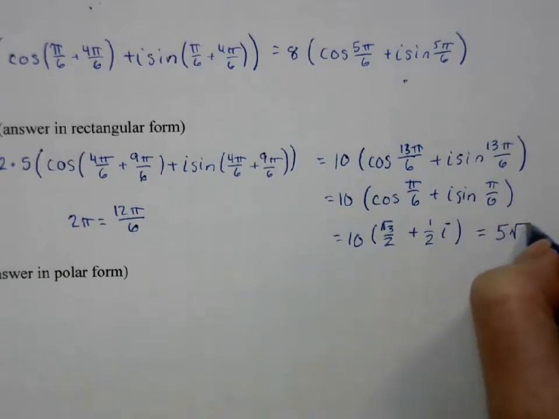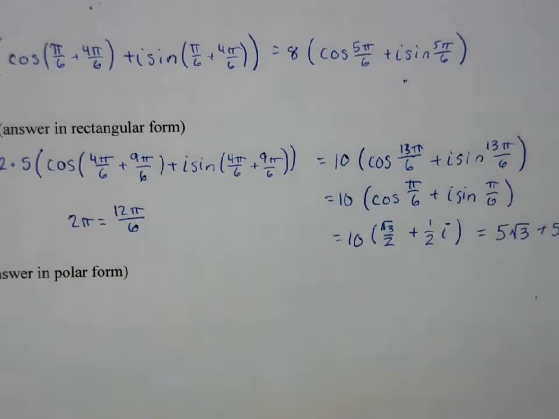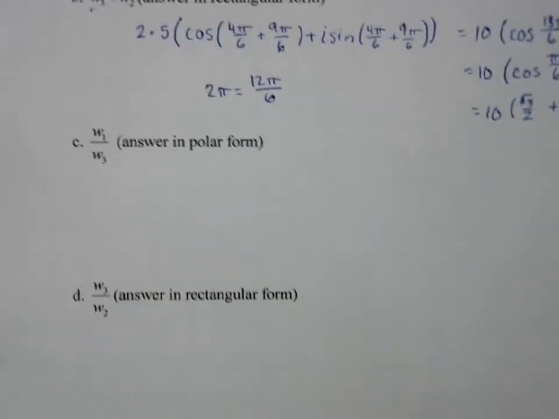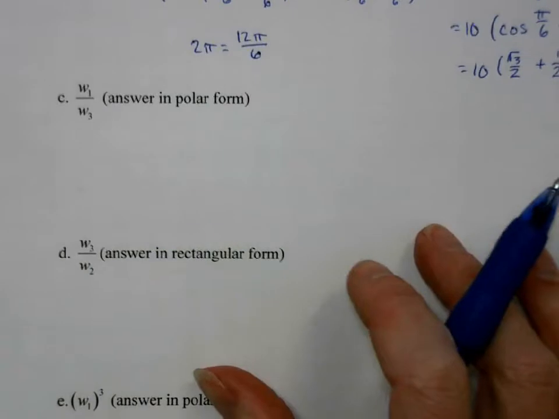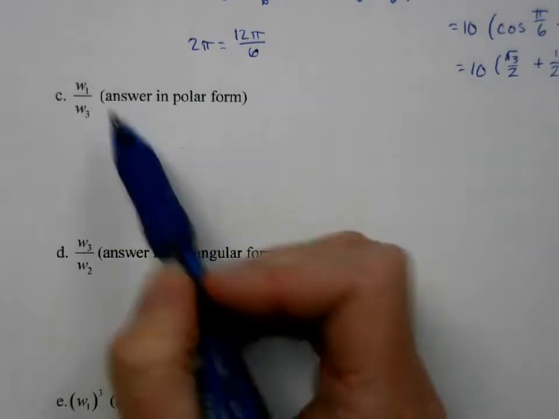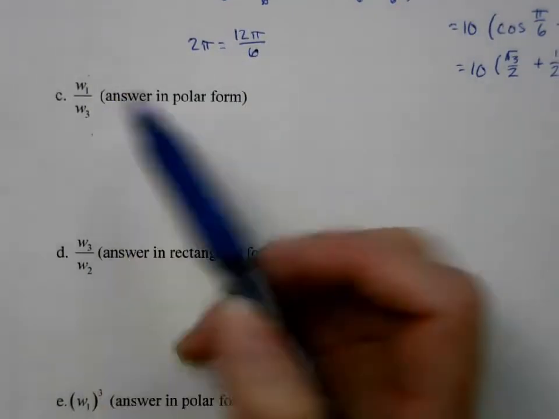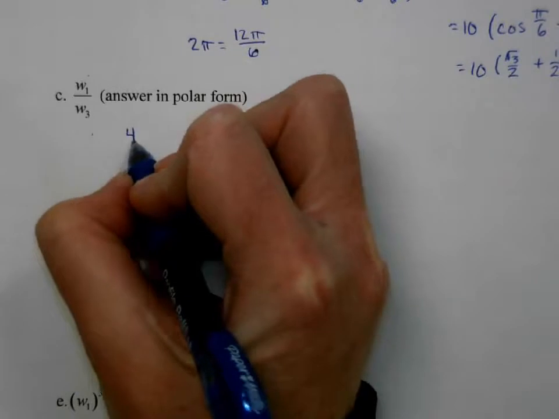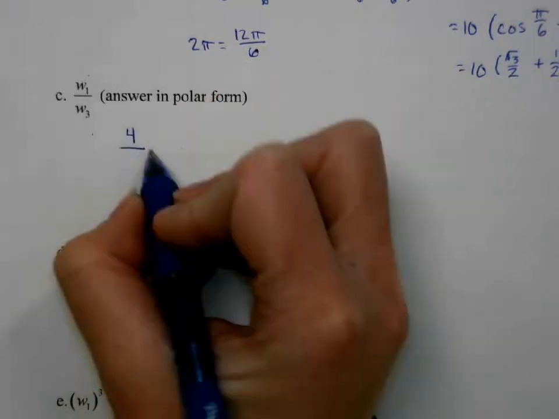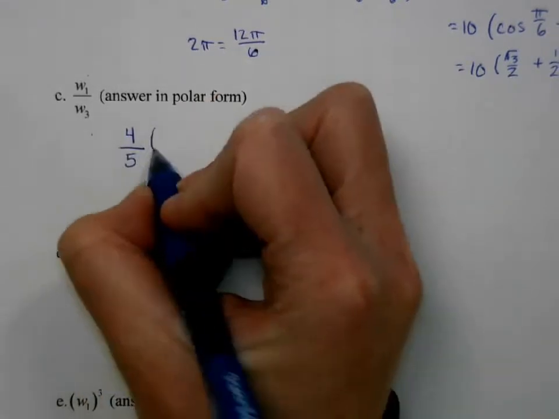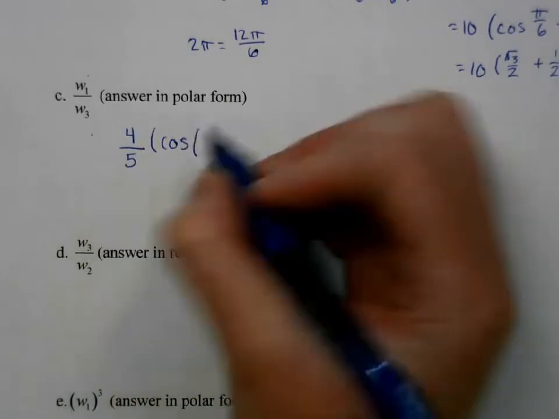Okay, dividing, we're going to divide the r's, so we're doing W1 divided by W3. So the r value for W1 is 4. The r value for W3 is 5. The theta is pi over 6 minus 9 pi over 6.